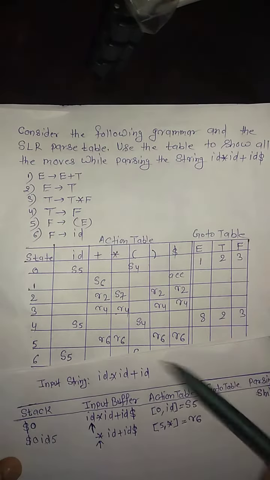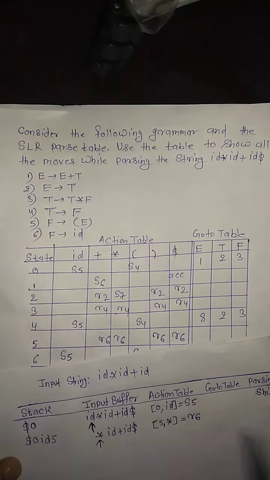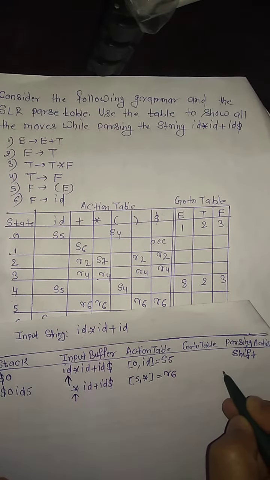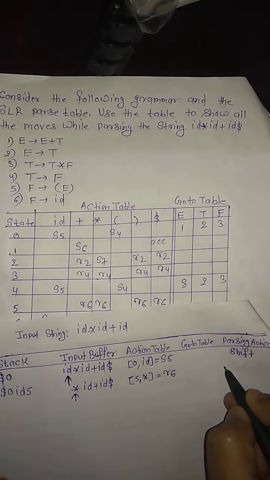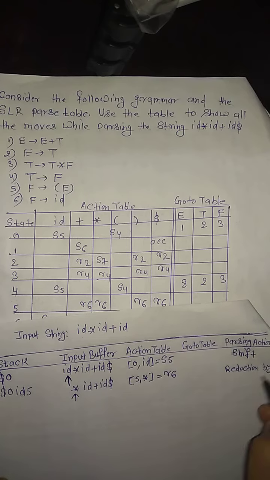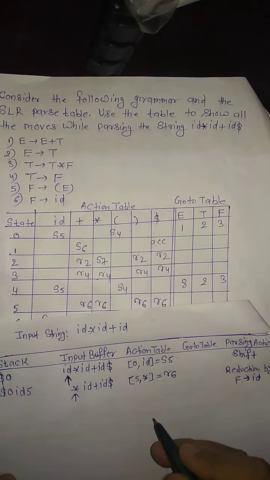So R6 means reduction by F derives ID. So you write reduction by F derives ID, which is the sixth production of the grammar.